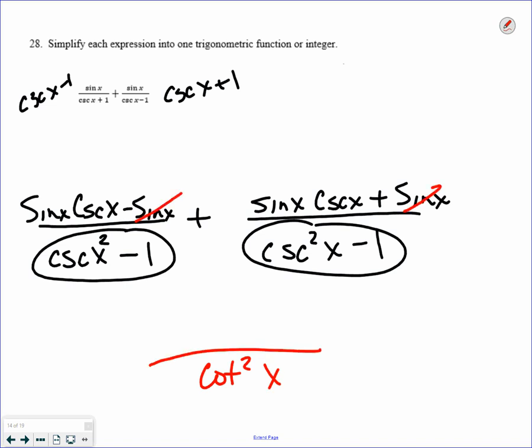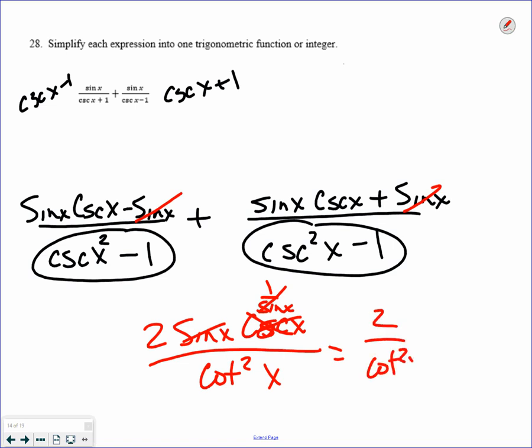Cancels. I'm left with 2 sine x cosecant x. Now, cosecant is 1 over sine. So this is 1 over sine times sine. So now I'm down to 2 cotangent squared x. And doing the reciprocal property, it's 2 tangent squared.